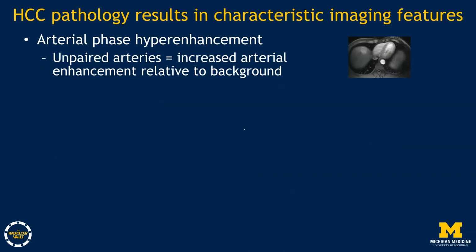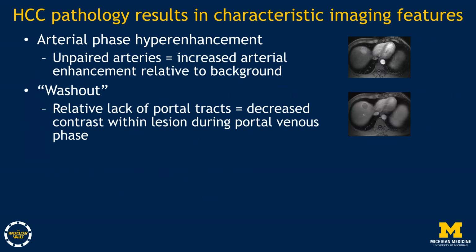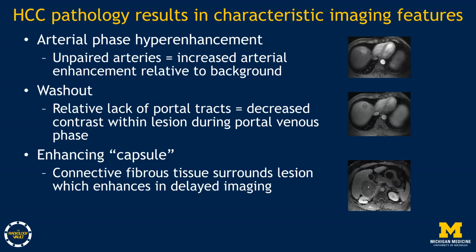Now, the classic features of HCC are largely driven by the underlying pathological behavior. HCC has arterial phase hyperenhancement, which is caused by neoangiogenesis. We have portal venous washout, because of the relative lack of portal tracts, which causes a hypoenhancing appearance on the portal venous phase, and a fibrous capsule, which enhances on the delayed phase imaging.